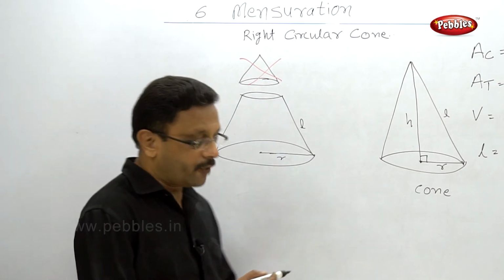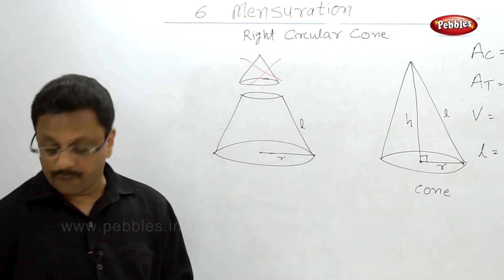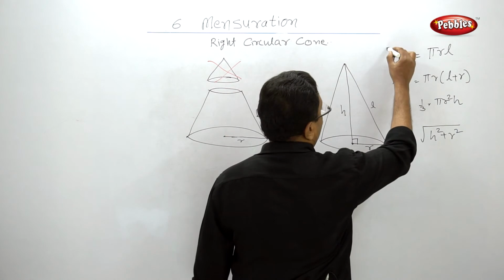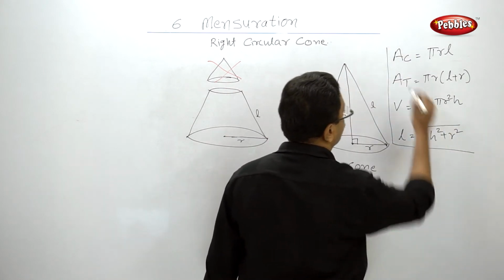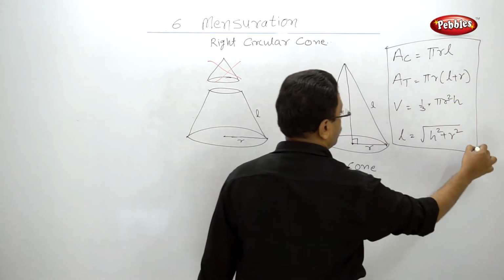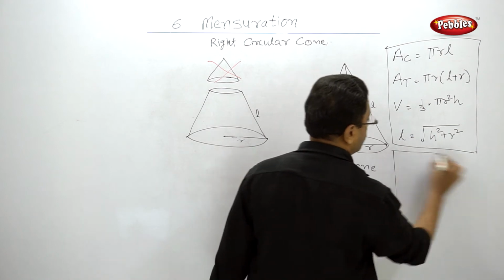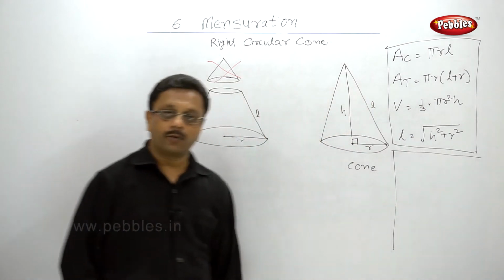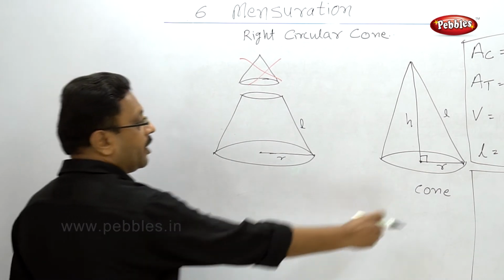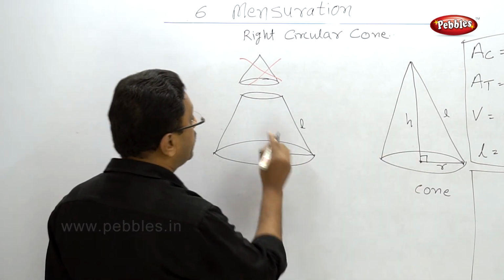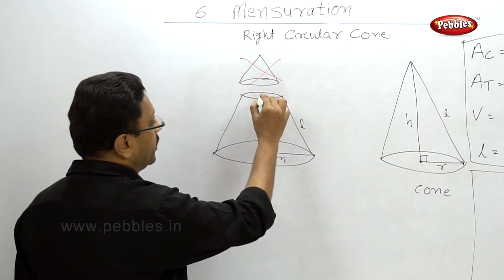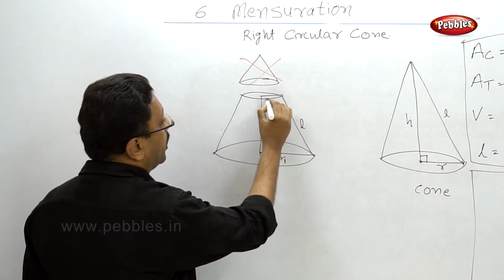Now let us see the formulas for the frustum of a cone. This was for the cone, and now we'll write the formulas for the frustum of a cone. In this case we have two radii, so we will take R1 and R2.